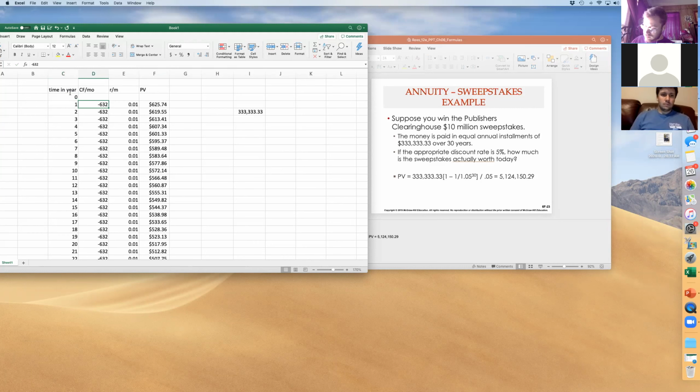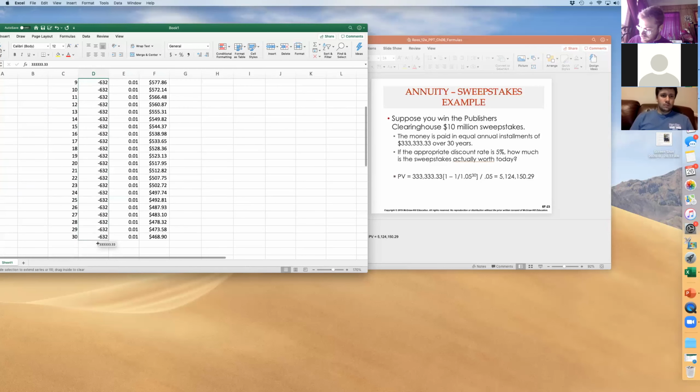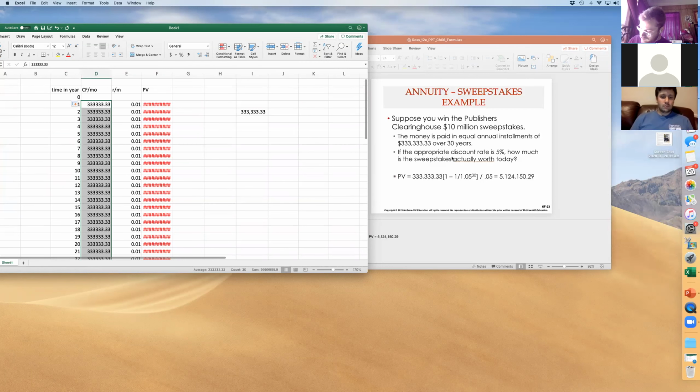My cash flows, I would be receiving $333,333.33 at the end of every year for 30 years. They're telling me that the appropriate discount rate is 5%.